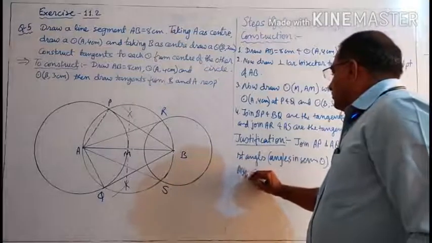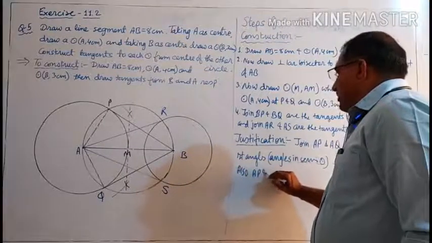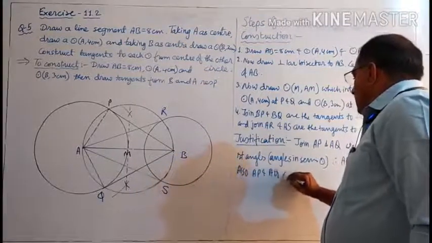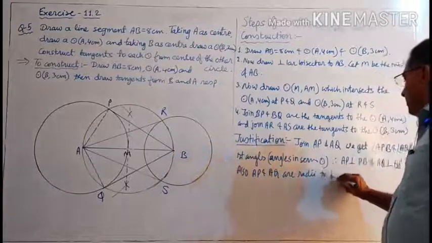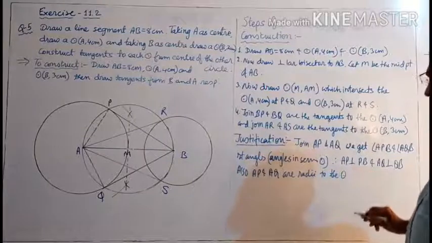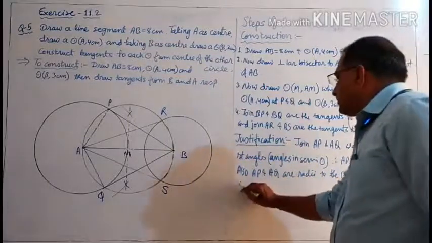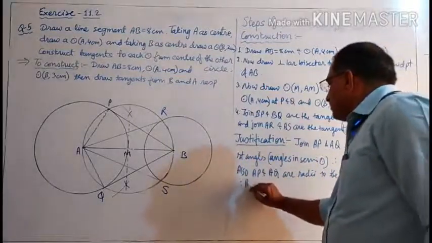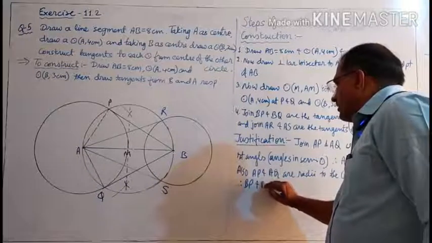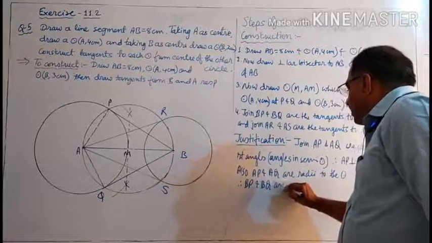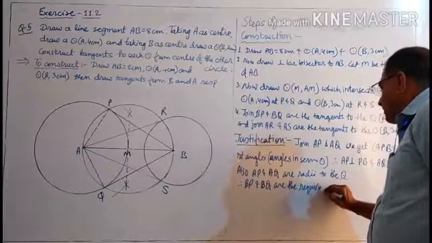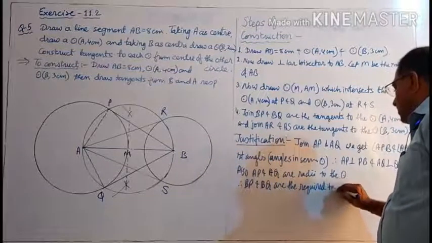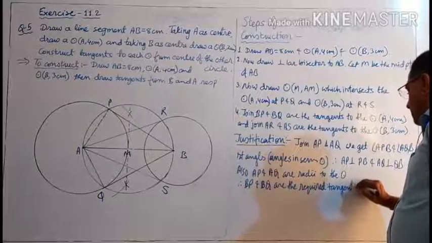Also, AP and AQ are radii of the circle. Therefore, BP and BQ are the required tangents according to the definition.